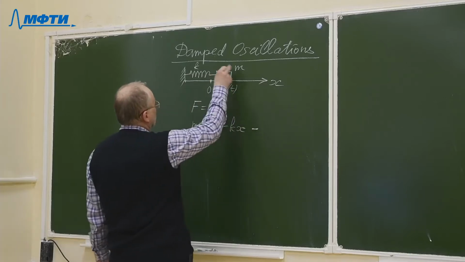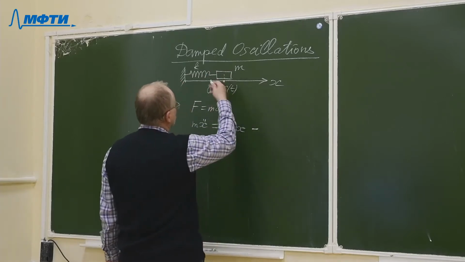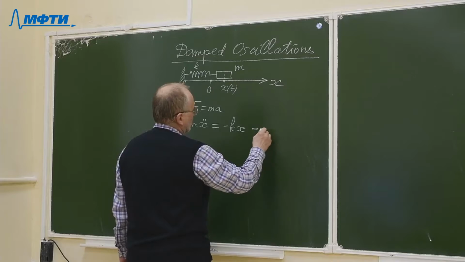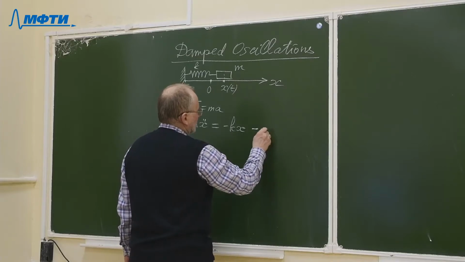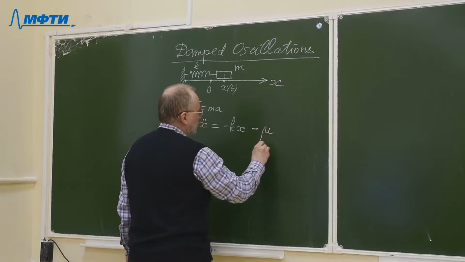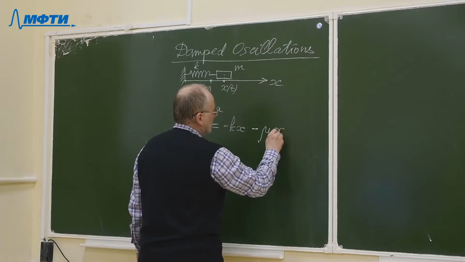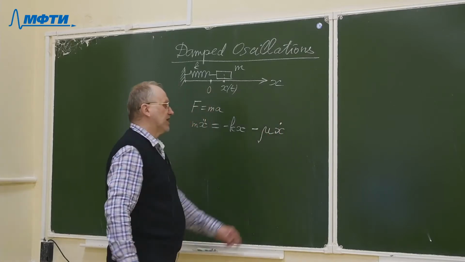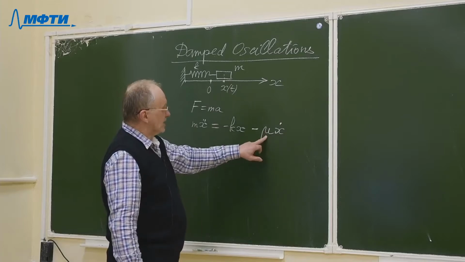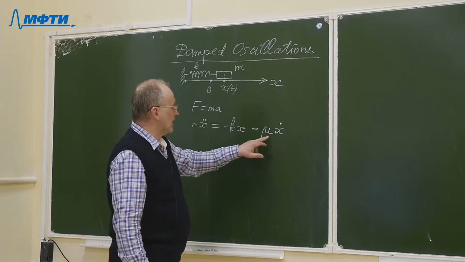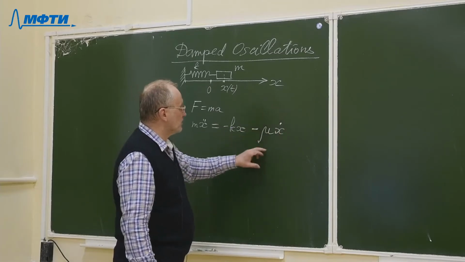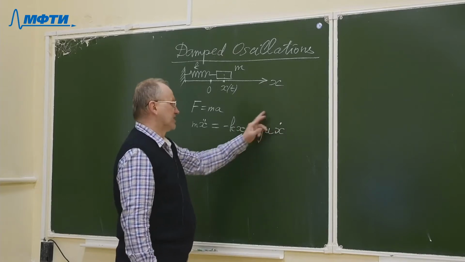There is another force acting from this viscous friction, and that will be proportional to the velocity of the body. Velocity is the first derivative, x dot, and mu is the coefficient of proportionality between the velocity and the force of air drag or viscous friction.